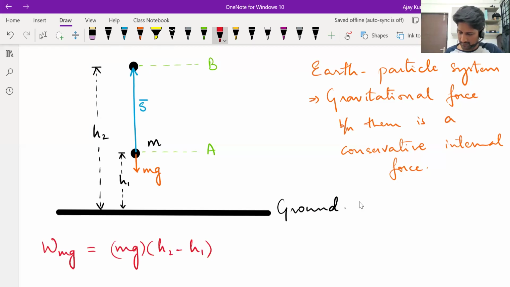An angle between them? 180. You can see in the diagram, they are opposite to each other. 180, cos 180 is minus 1. So when the object is taken from an initial height h1 to the final height h2, this is the work done by gravity.